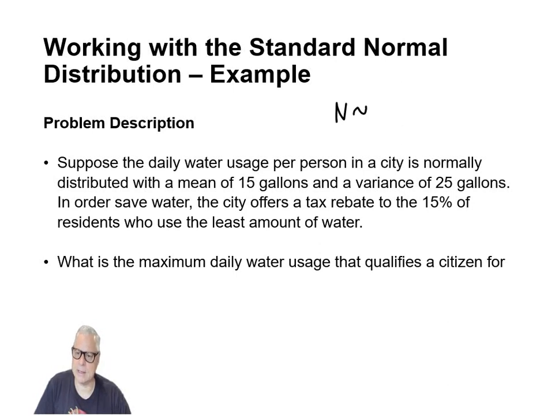We write it like this, with a mean of 15 and a standard deviation of 5, because the standard deviation is the square root of the variance. Okay, so now in order to save water, the city offers a tax rebate to the 15% of residents who use the least amount of water. What is the maximum daily water usage that qualifies the citizens for the tax rebate?